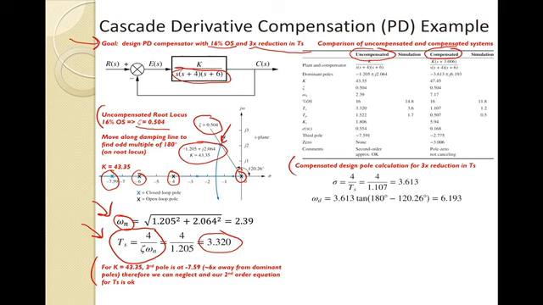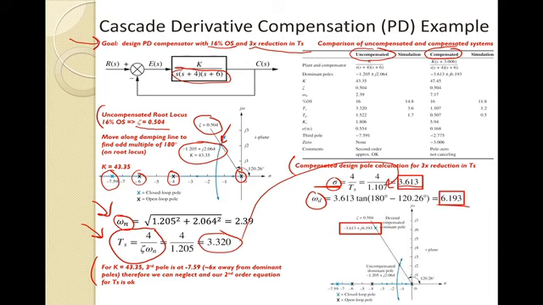Now, looking at our compensated design pole location, we want a 3x reduction in Ts. Our settling time was 3.32, and here our settling time is roughly a factor of 3 lower. That gives us our sigma on the real axis, which comes out to be 3.613. Then I can also find my omega d on the imaginary axis with a little bit of geometry. So I now have my sigma and my omega d, and I can plot that.